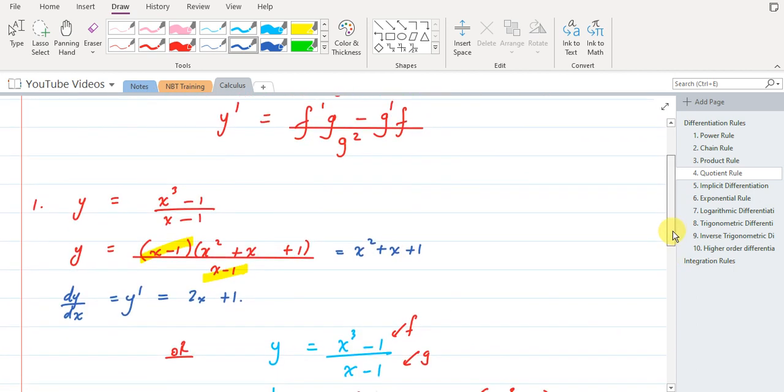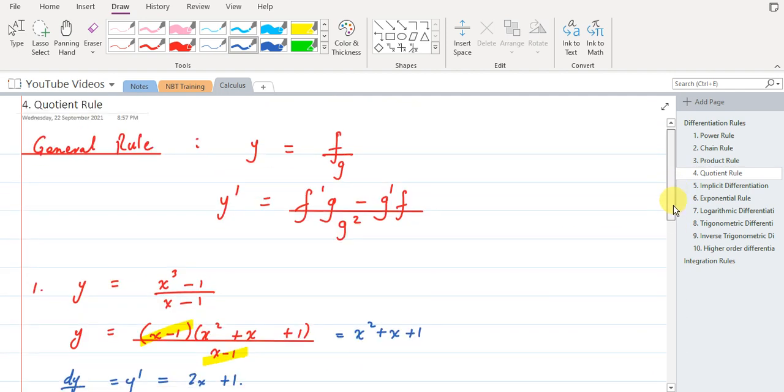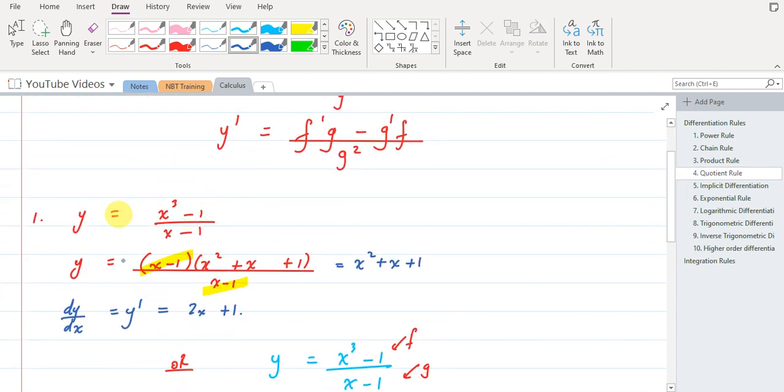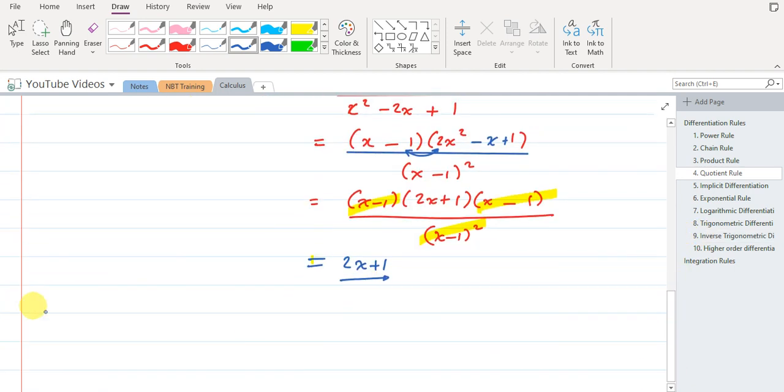So let us solve, where will these problems fail? Obviously, if you raise this to some power and raise the denominator to some power, then you can't use this factorizing technique. Example like this.